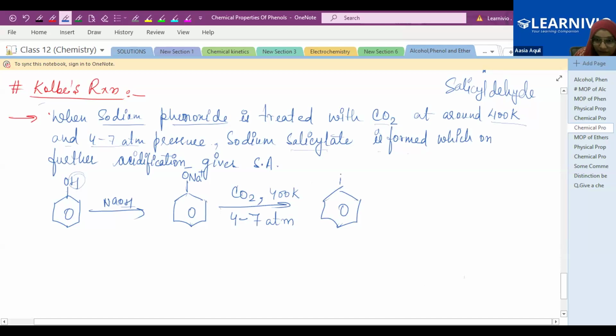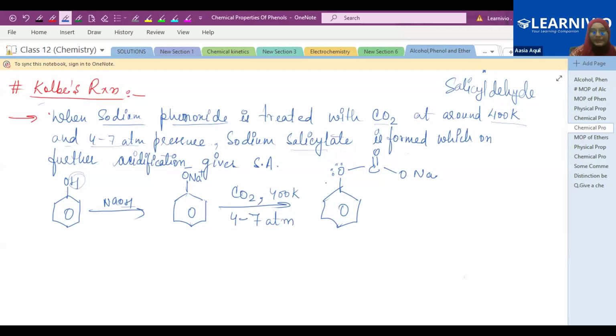This is oxygen, and you will just add CO2, the carbon dioxide. You will introduce CO2 between the oxygen and the sodium, and after this you will add Na. So that's the intermediate over here. Is it clear, this step? How you will introduce carbon dioxide between oxygen and sodium?